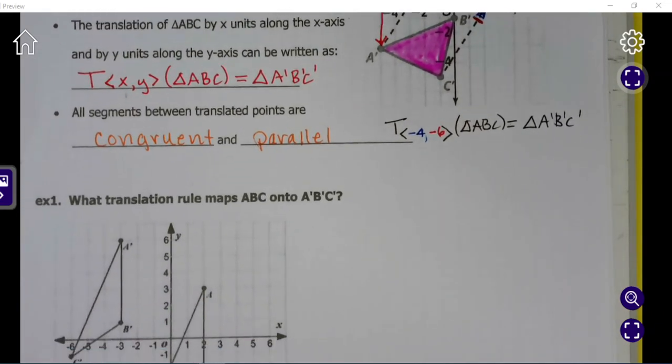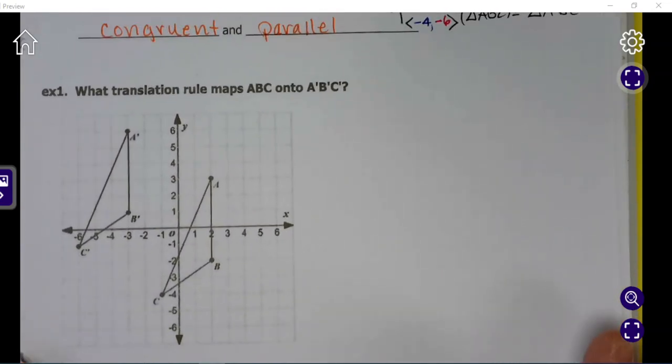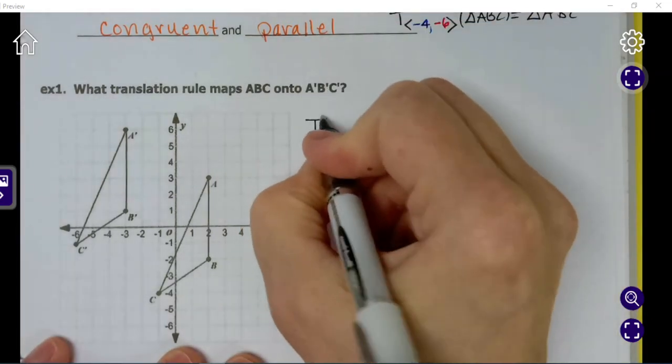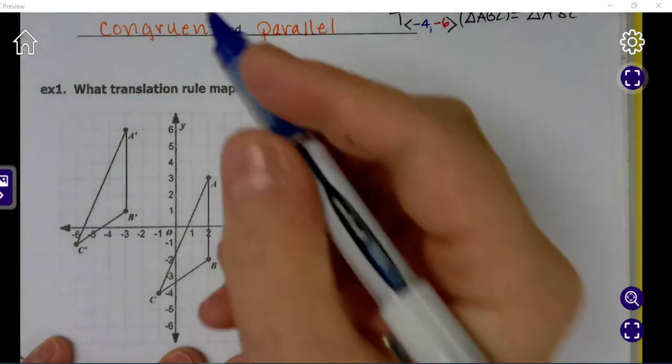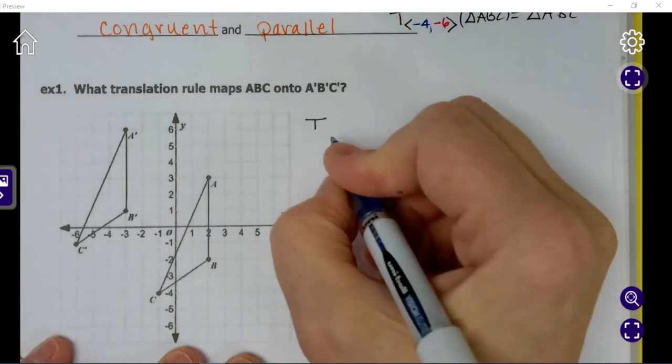All right, let's do another practice. What translation rule maps ABC onto A prime, B prime, C prime? All right, so translation rule, capital T. So we're going to go pick, and I'm just going to use the A's because they're easy to read. I'm going to do the x first.